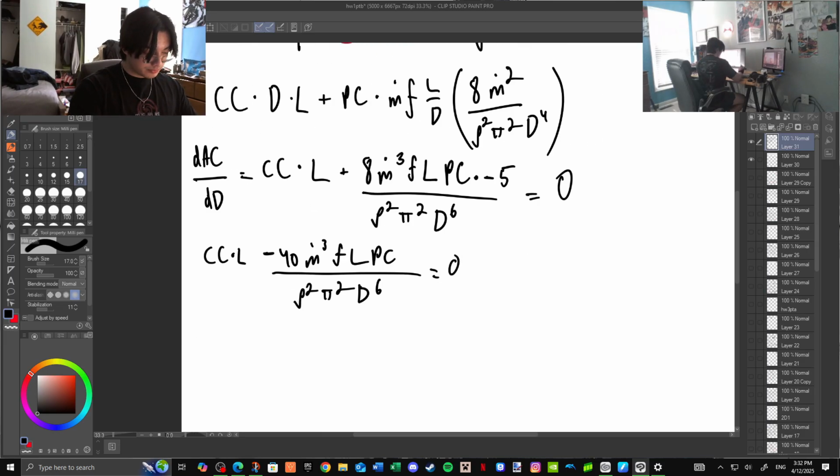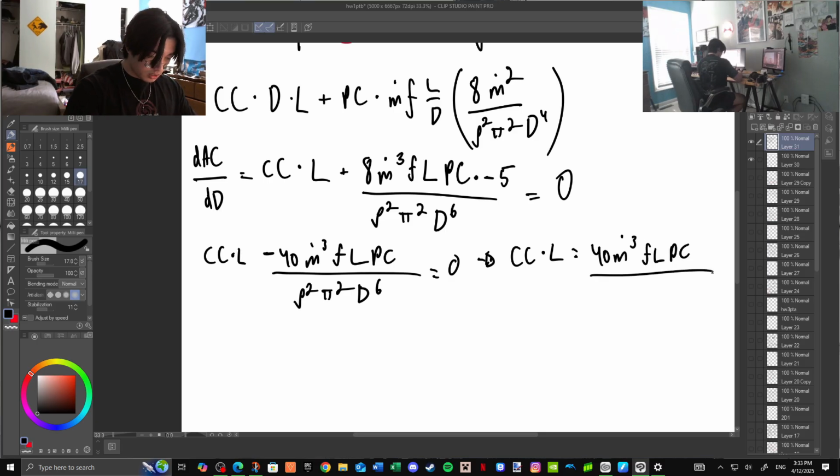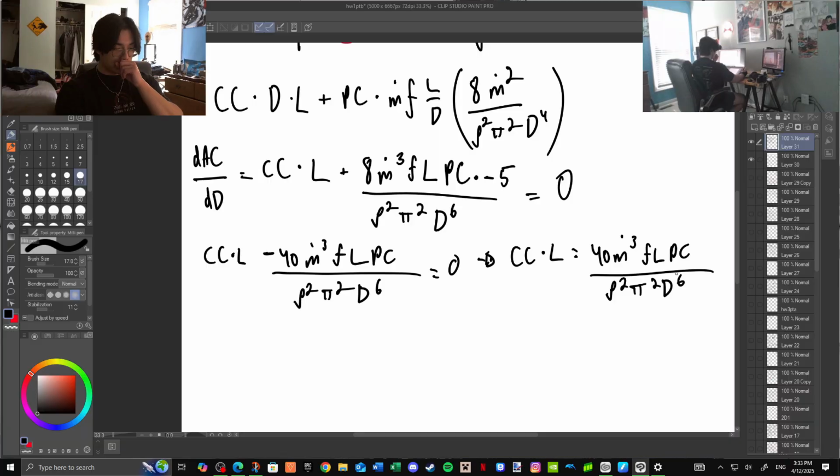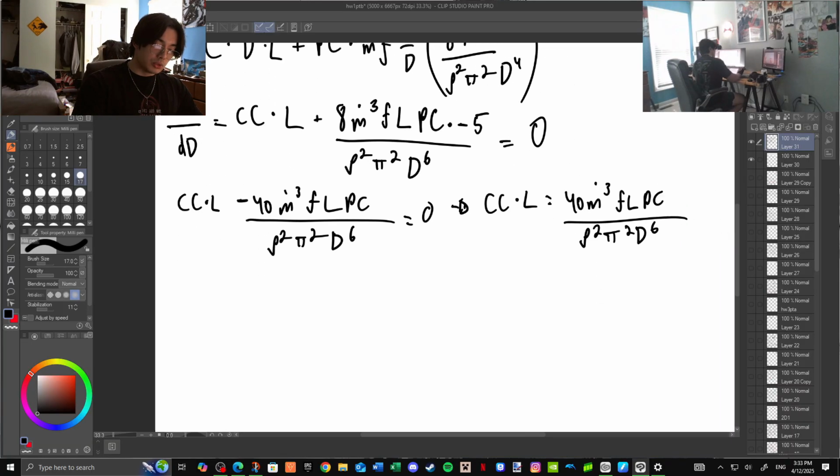And from here, we can move this second part of the equation over to the other side. So I'm actually going to switch these two in their places.